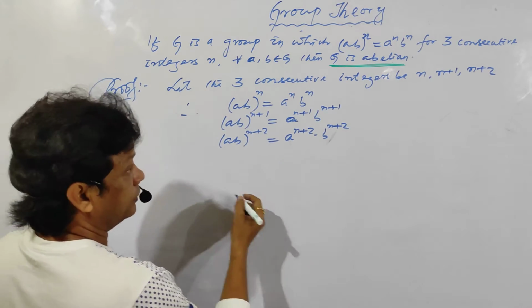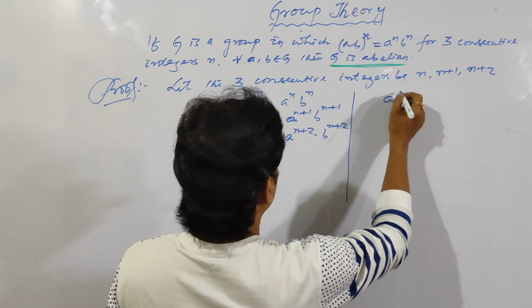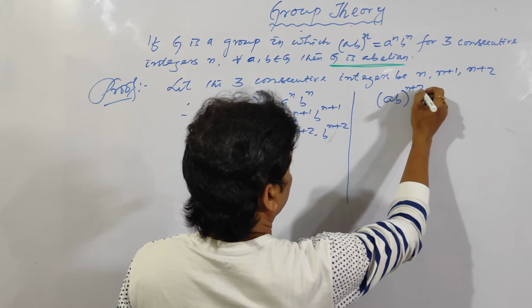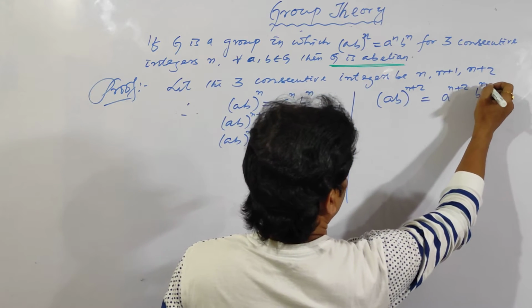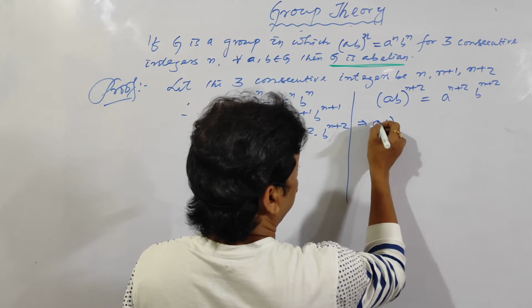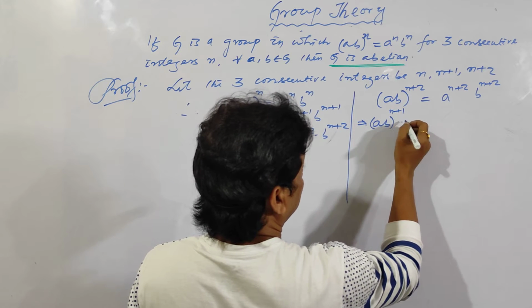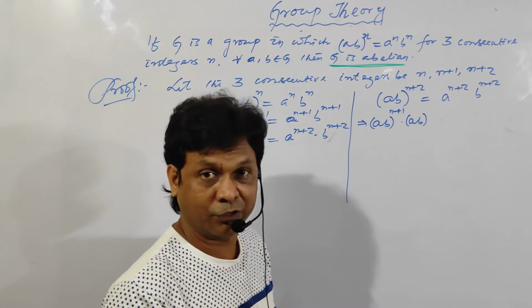And then now let us proceed here. Now (ab)^(n+2) is a^(n+2) b^(n+2). Simply split (ab)^(n+1) into (ab)^(n+1) times ab. Clear? I have told you how to split.